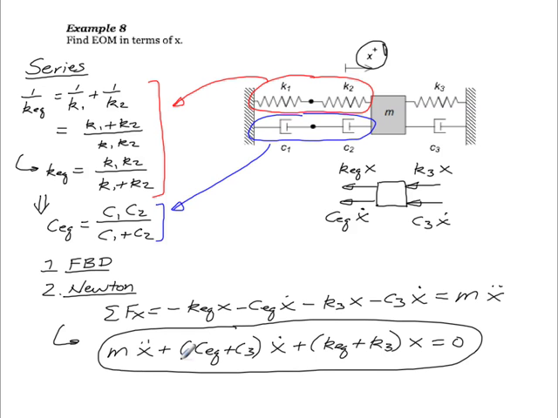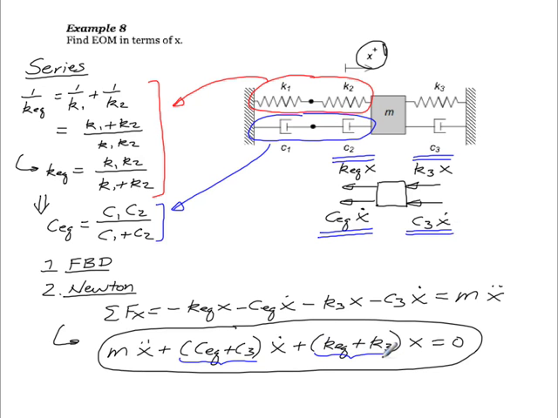But when we get through, we see that the equivalent spring here on the left-hand side is in parallel with the spring there on the right. The equivalent dashpot here on the left is in parallel with the dashpot of damping coefficient of C3 there on the right side, because they add together.